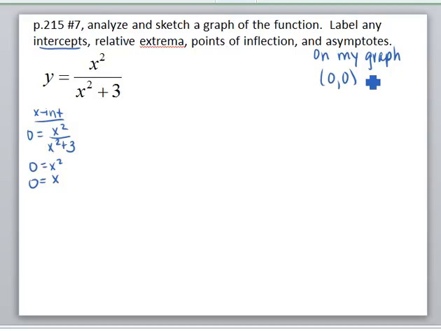It's an intercept. The next thing we're going to find is relative extrema, and we know that those occur at the first derivative. So we do need to find that first derivative, so I'll start to do that right here. I have to use the quotient rule: bottom times the derivative of the top minus the top times the derivative of the bottom, all over the bottom squared.